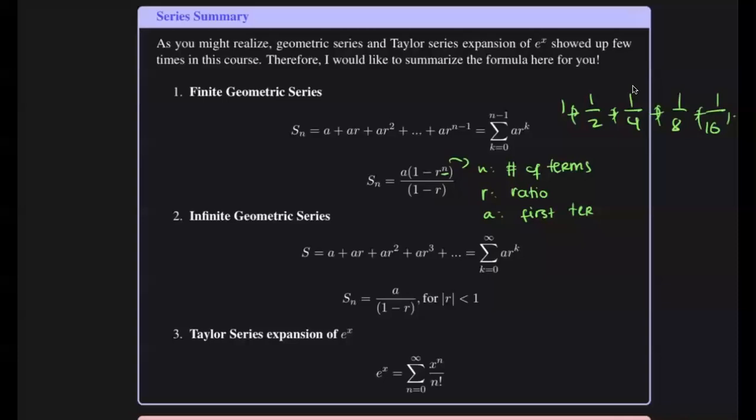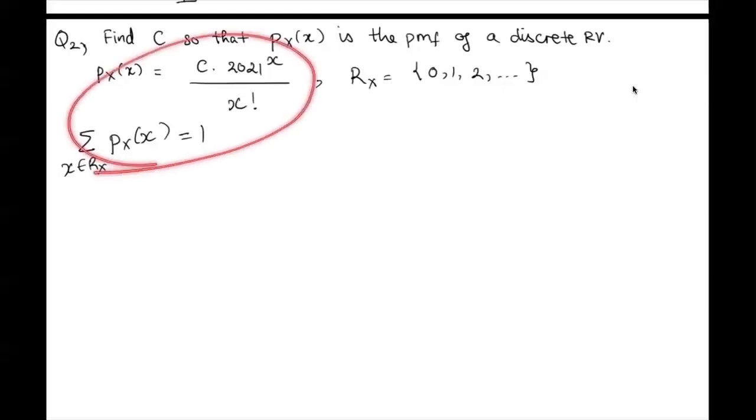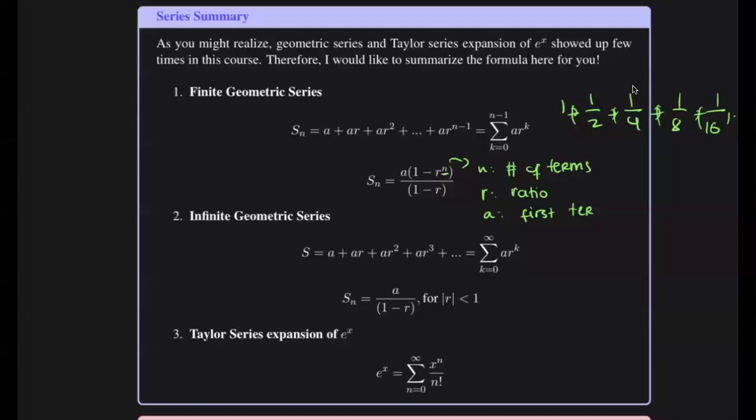Finite geometric series, infinite geometric series, and the Taylor series expansion of e to the power of x. You will see that one of them will help you with this question here. So I will give you a few seconds to screenshot it, and then I will go back to the question.